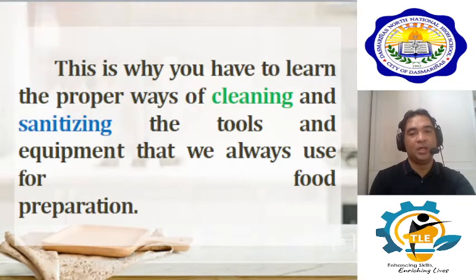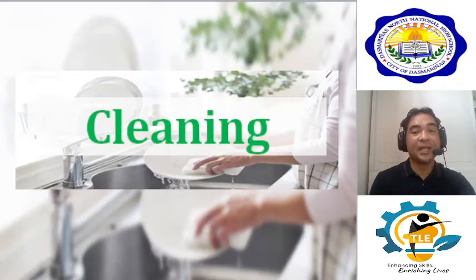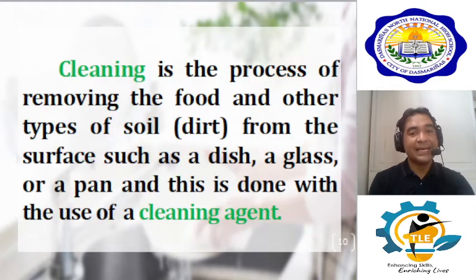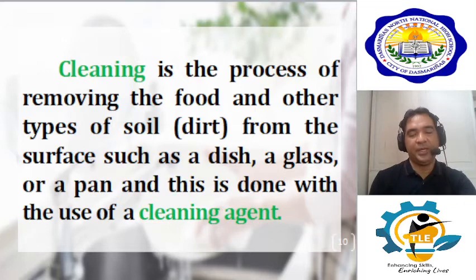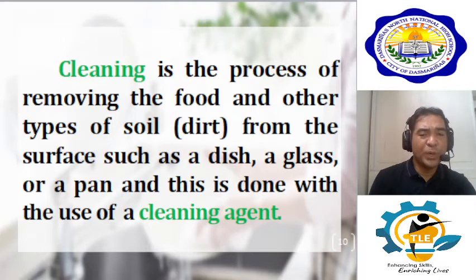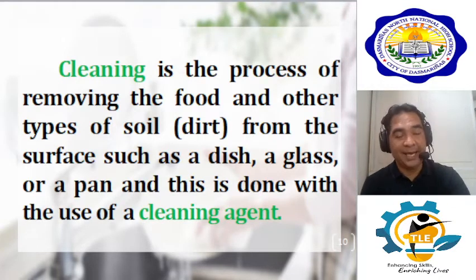Okay, now moving on, let's learn more about cleaning. What is cleaning? Cleaning is the process of removing the food and other types of dirt from the surface, such as a glass or a pan, and this is done with the use of cleaning agent. Now, when you're cleaning, you must use a cleaning agent.